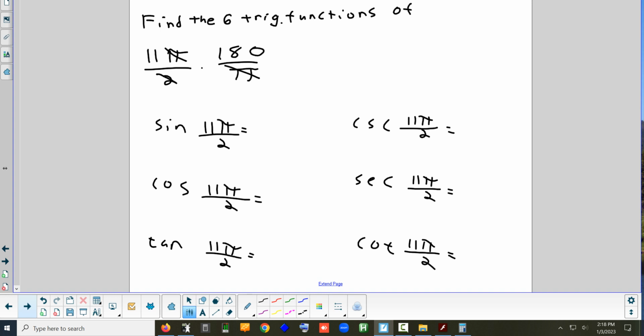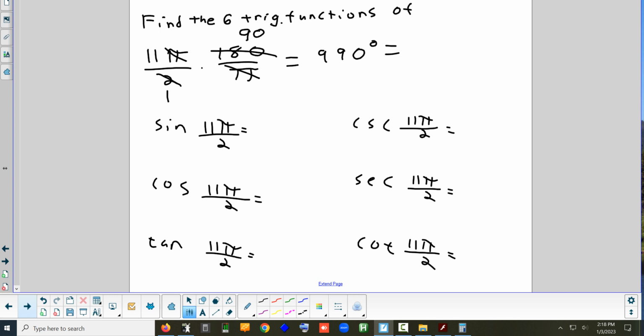How many times does 2 go into 180? 90. Now you're left with 11 times 90. What's 11 times 90? 990.